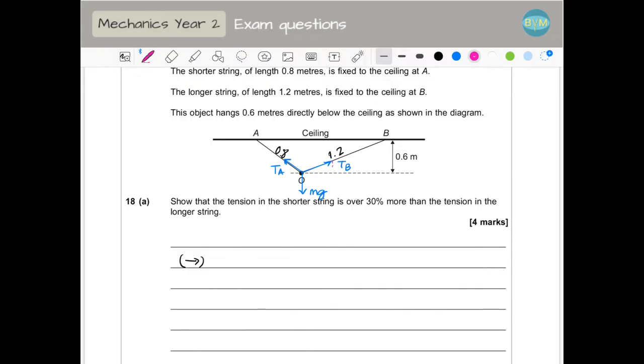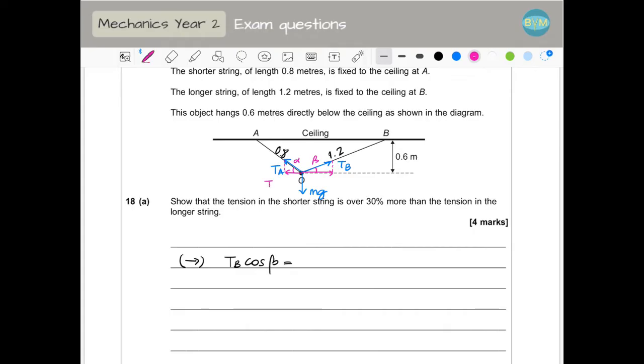That means that TB, let's call this angle beta, for example. I have TB cos beta, because it's adjacent, is going to be equal to, and I'm going to do the same with TA. I have a horizontal component here, and I'm going to call this angle alpha.